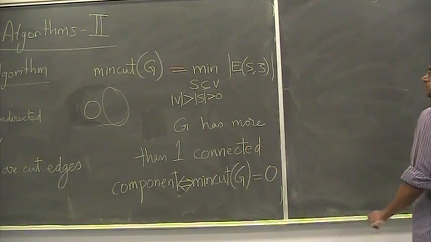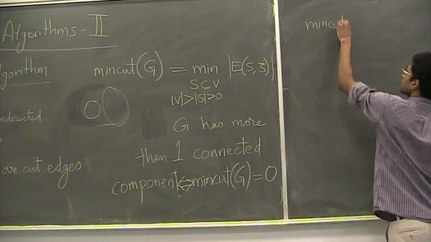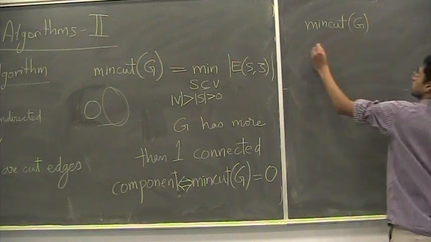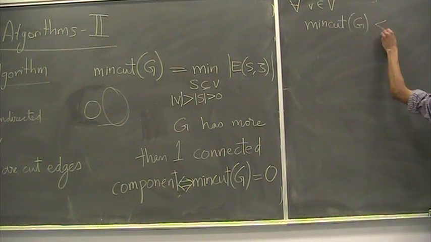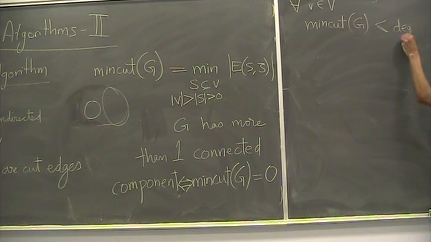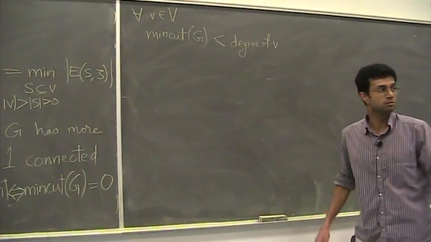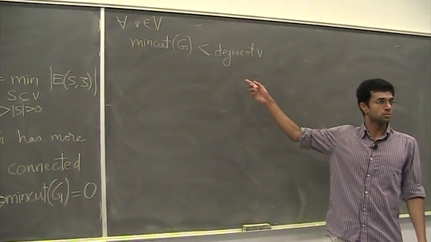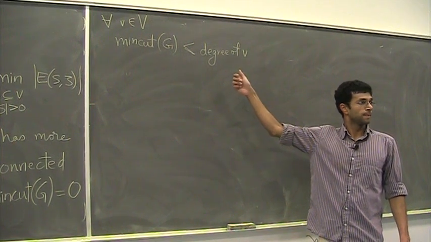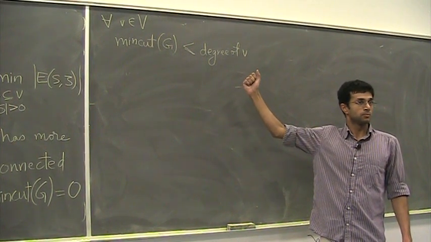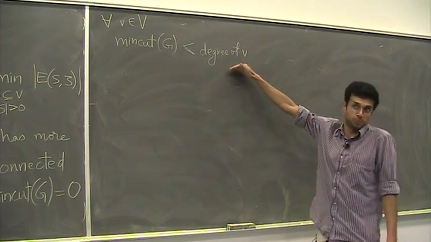Now let me write something else. For all vertices v, the min cut is at most the degree of v. Do you see why that's the case? Because this is actually a specific cut.